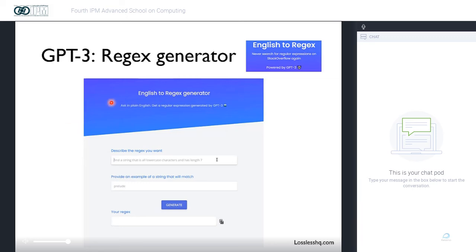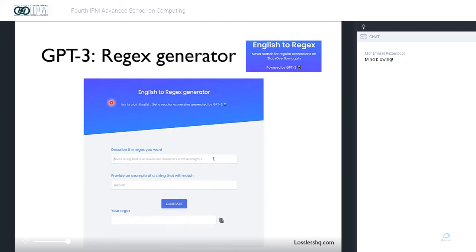So in this demo, you ask it to find a valid URL that starts with HTTP or HTTPS, and then you provide an example for the regular expression you're looking for, and the model generates the corresponding regular expression for you without having any internal encoding or explicit knowledge about how to do regular expressions. Or find an uppercase word with length 5, and this is an example for it. And it nicely finds the corresponding regex for you.